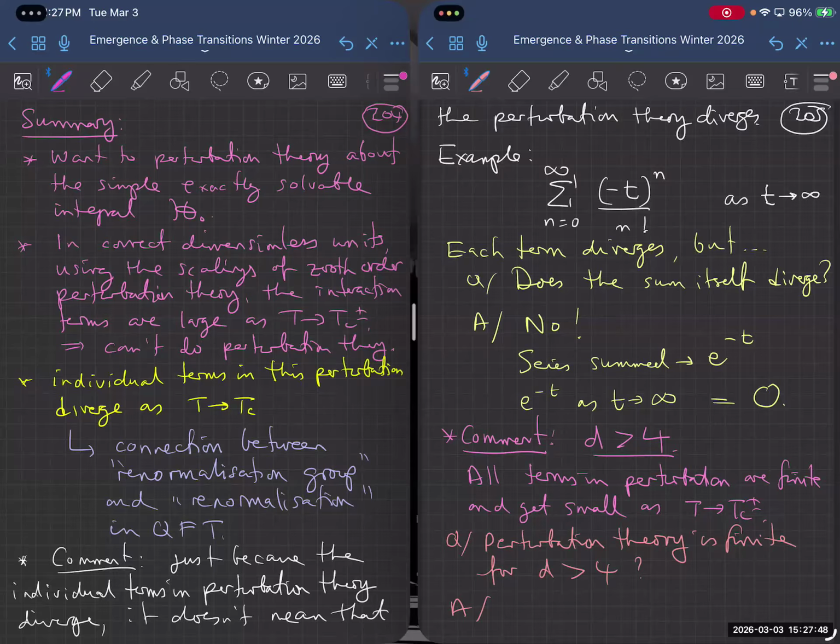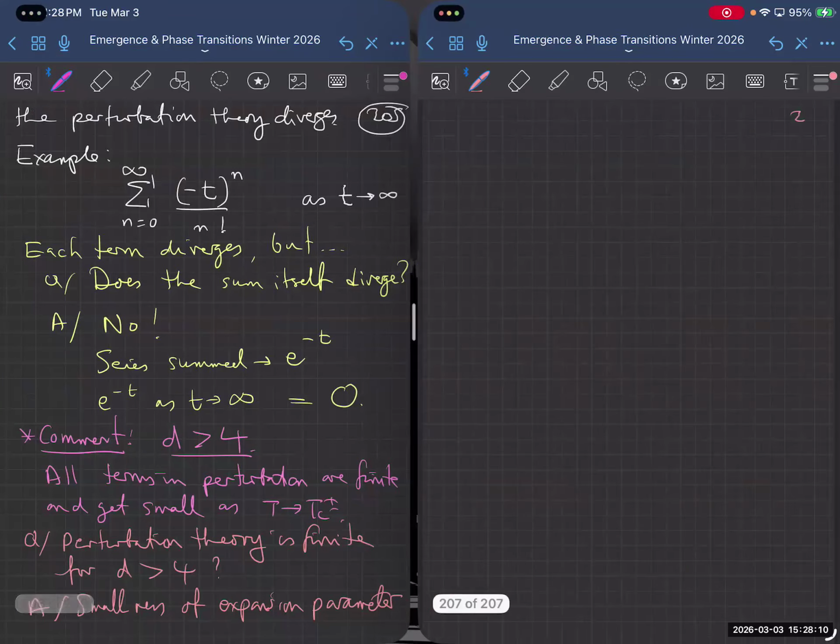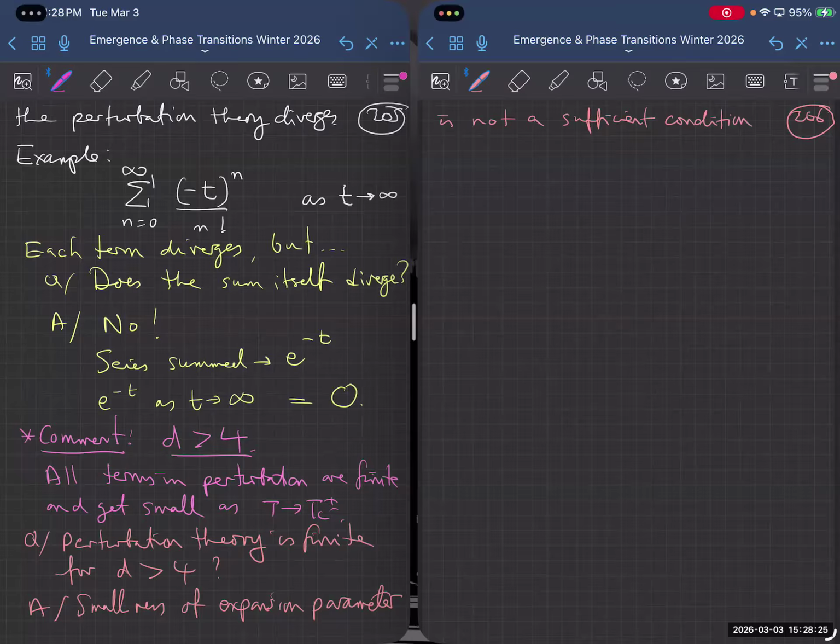So the answer is this: the smallness of the expansion parameter is not a sufficient condition for the convergence of perturbation theory.